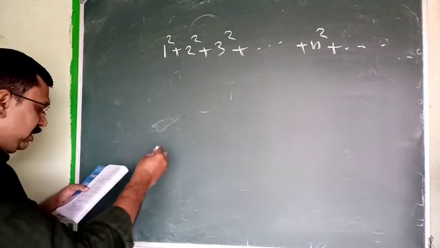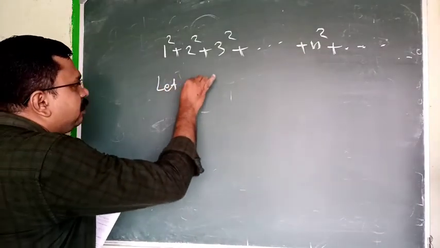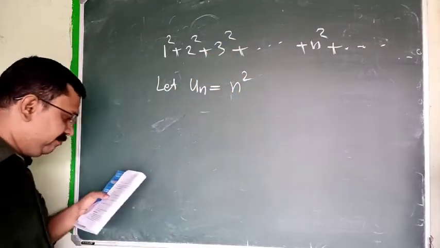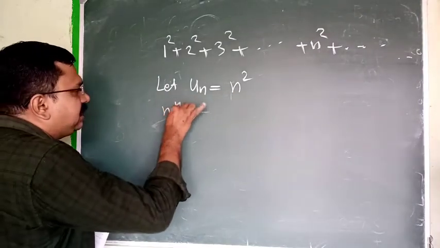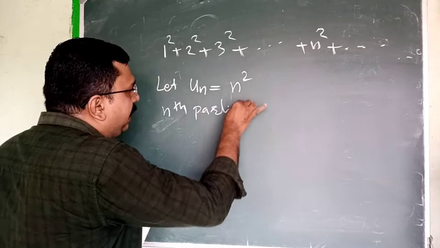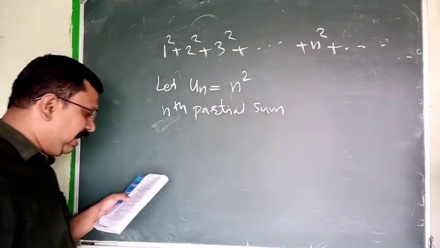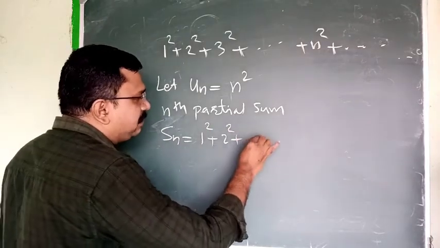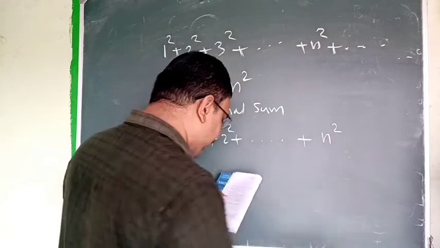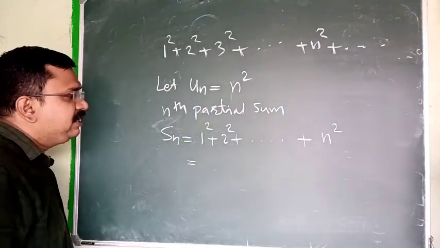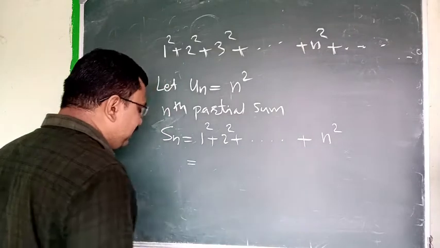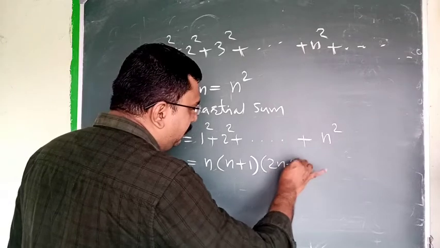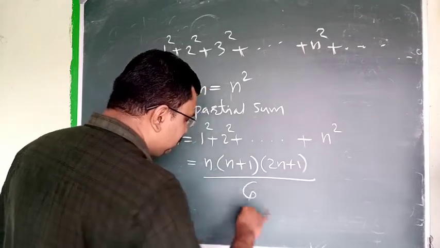Okay, how to solve it? Let us suppose that un, the nth term, is equal to n square. Then the nth partial sum is Sn equal to 1 square plus 2 square plus etc. plus n square, which is equal to, we know that 1 square plus 2 square plus etc. plus n square is equal to n into n plus 1 into 2n plus 1 divided by 6.